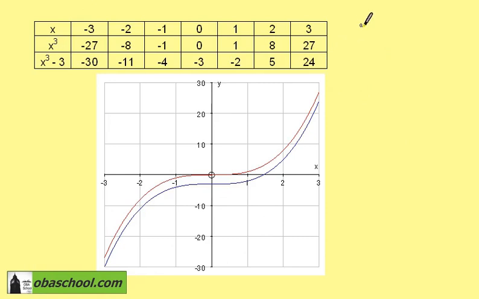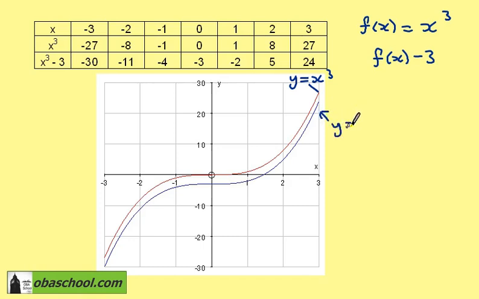Here we're comparing x cubed and x cubed minus 3, so our f of x is x cubed, and we're also considering f of x minus 3, the x cubed minus 3. We have the graphs drawn as well, and the red one is y is x cubed.